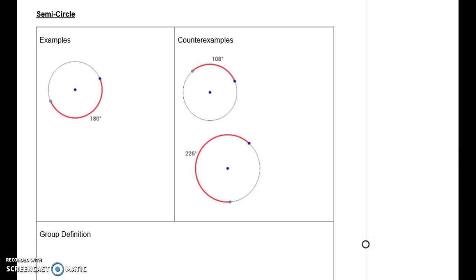So our definition of a semicircle is an arc of a circle that measures exactly 180 degrees.